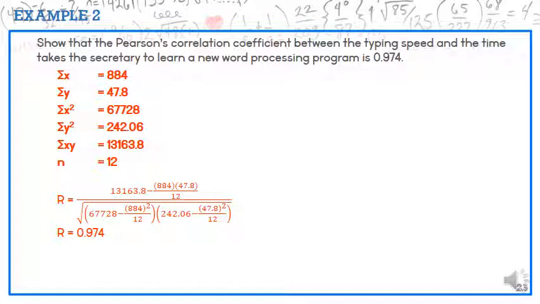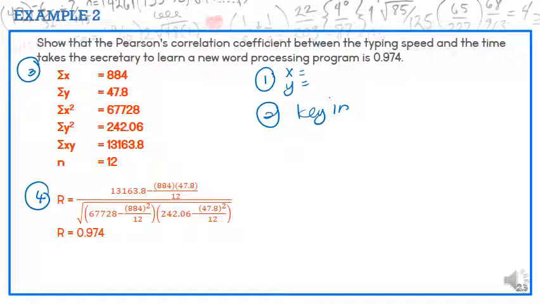So show that the Pearson correlation coefficient is 0.974. Again, if question asks you regarding this question, step 1, determine your X and Y. Step 2, key in dalam calculator dulu. Step 3, please list down all the summation. Step 4, substitute R. Step 5, find the value of R. Step 6, please make sure that you comment.